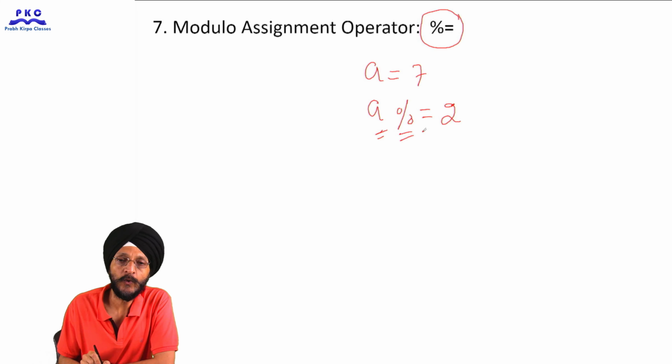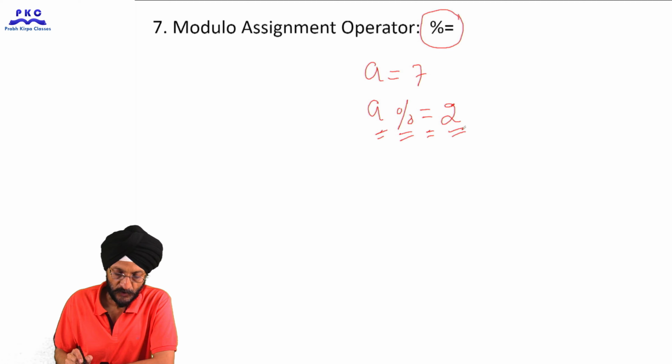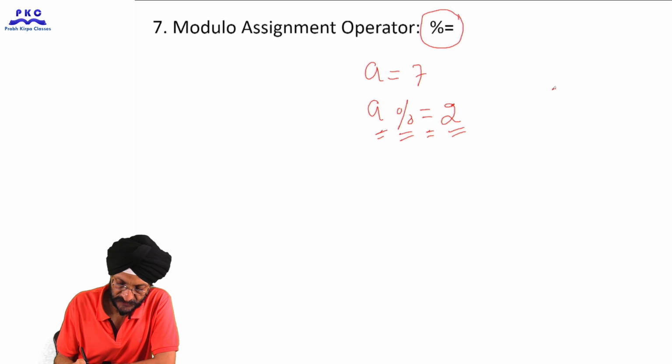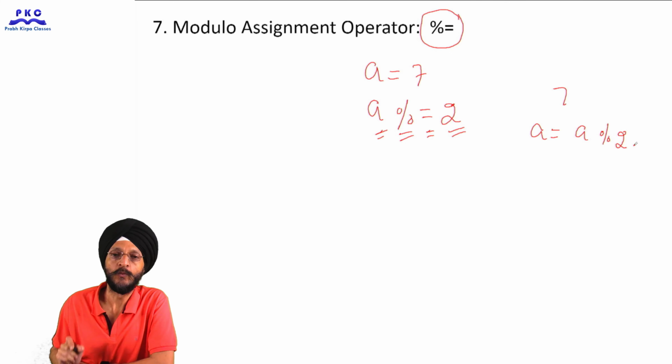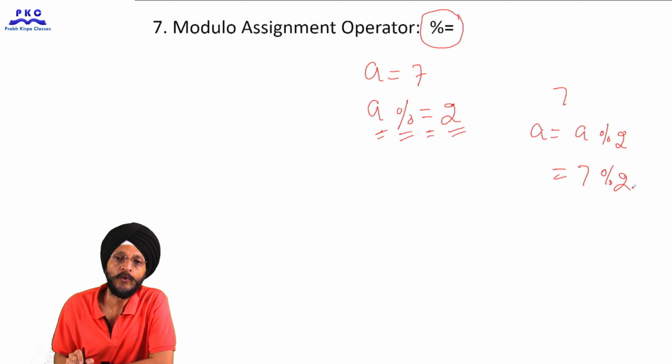This is the modulo. This is the equal assignment operator and 2 is the divisor. Here A will be equal to A modulo 2.